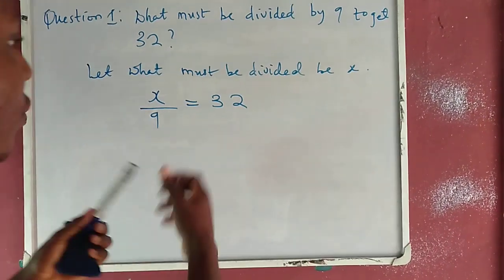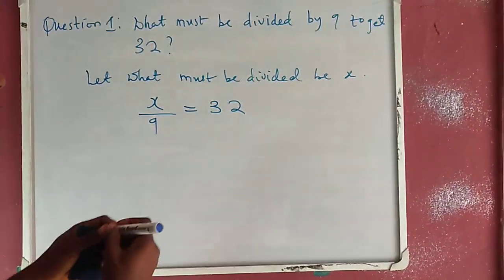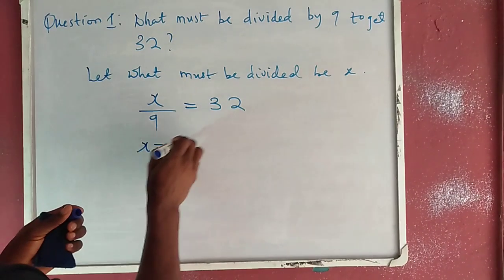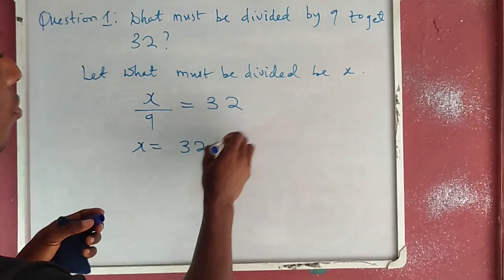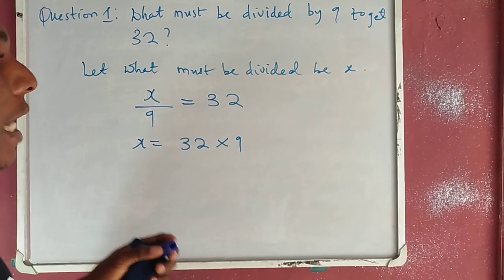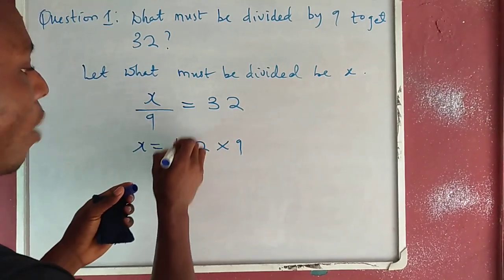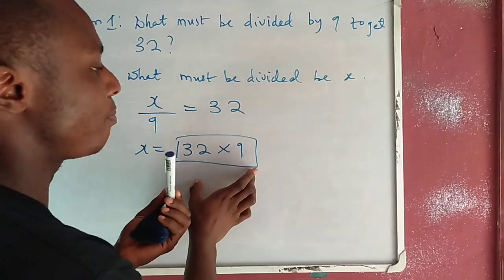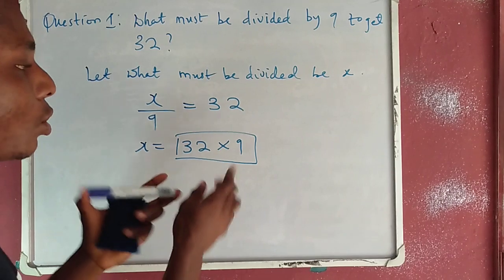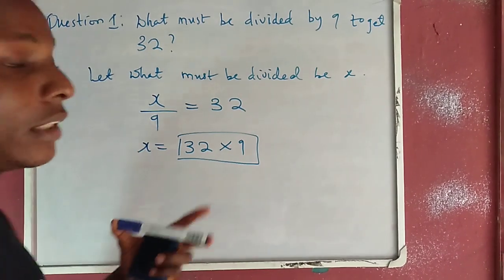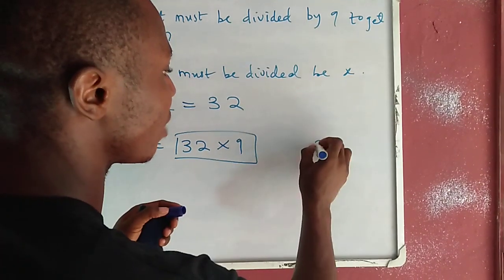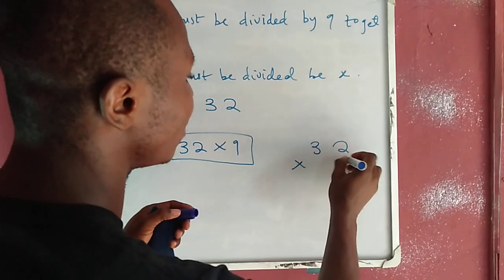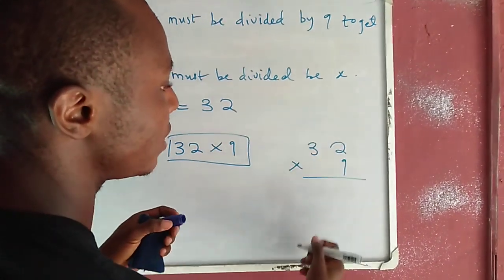So X is what must be divided by 9 to get 32. And so if we do this simple multiplication, we will get X equal to 32 multiplied by 9. We treated this problem earlier in our previous videos. That's 2-digit multiplication by single-digit multiplication, and we'll just do it here quickly. 32 multiplied by 9. 9 times 2 is 18, right?